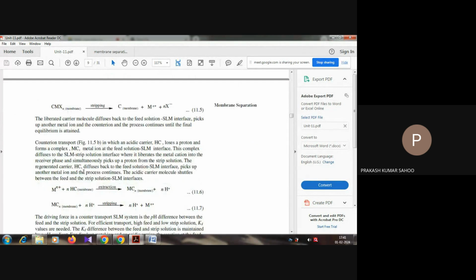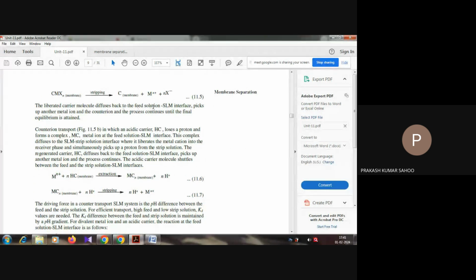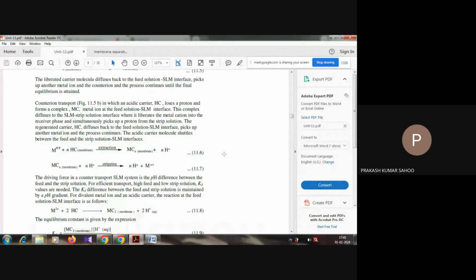The liberated carrier molecule diffuses back to the feed solution, and at the SLM interface picks up another metal ion and counter ion, and the process continues until the final equilibrium is reached. So this process will continue till the metal ion Mn+ gets separated.